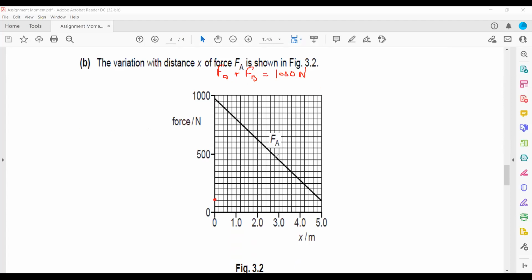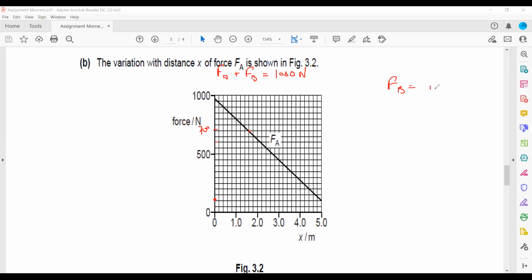Then you can take different values, for example values which are easy to understand. If this point for FA is 500, 600, and 700. So if FA is 700, then FB will be how much?